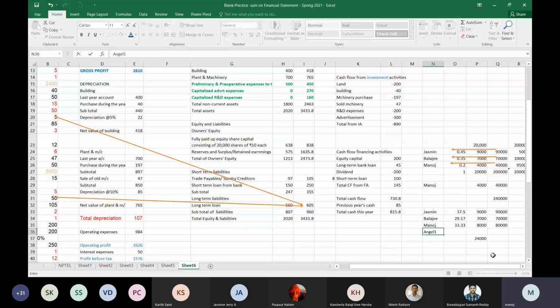Angel 1 comes in and invests, say, 1 crore rupees. But he wants 20% of the company. He straightforwardly wants 20%, nothing beyond that. Just 20%. Give me 20% of the company.